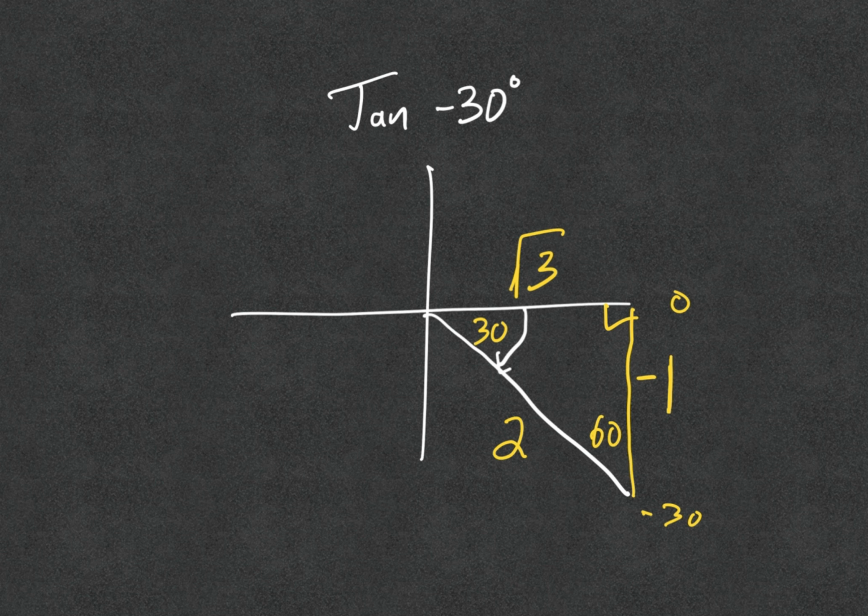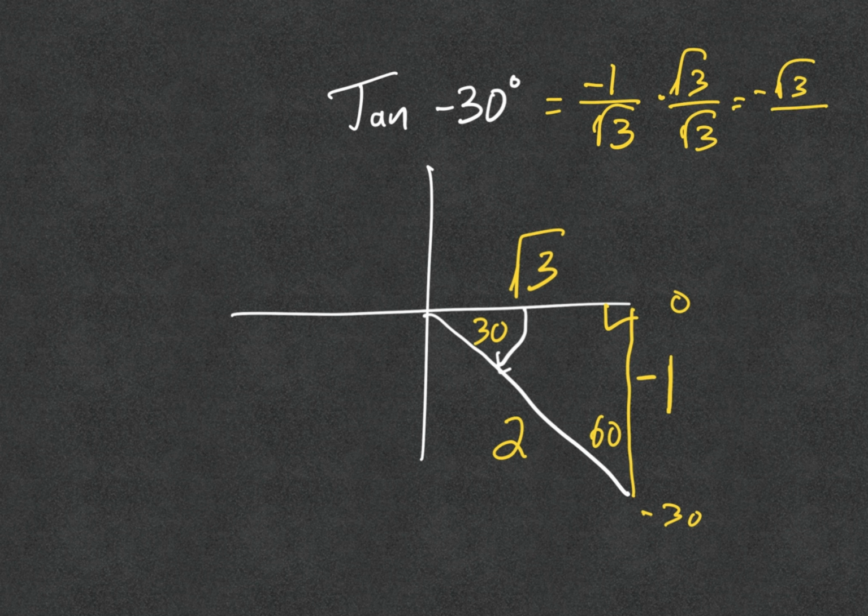Opposite over adjacent? Negative 1 over the square root of 3. Everybody see how we got that? Opposite over adjacent. Yep. Now we can't have that. So multiply by the square root of 3 over the square root of 3, which is negative square root of 3 over the square root of 9, which is just 3. And that's your solution. And you're done.